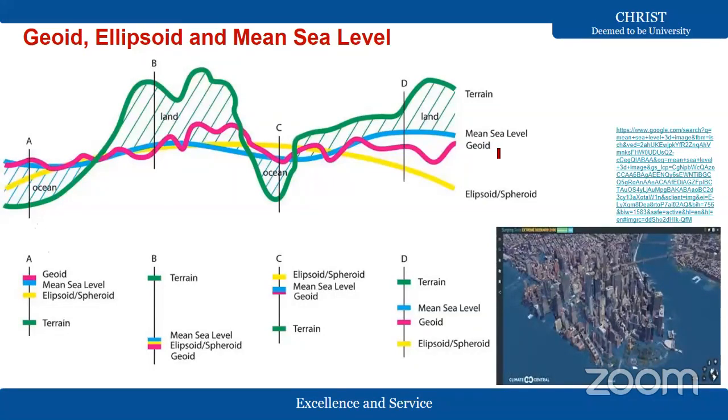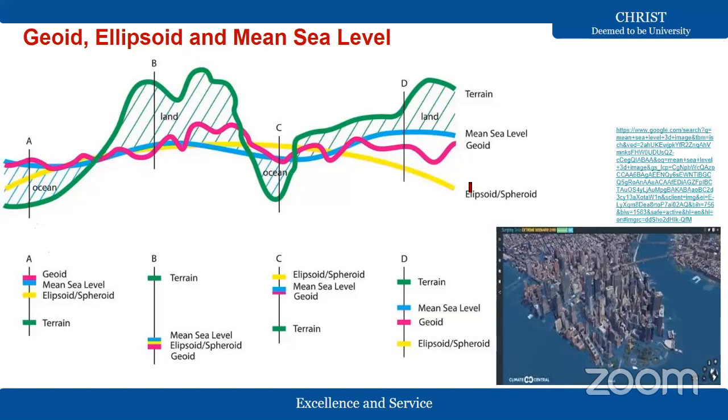Otherwise, government organizations won't accept your readings, whatever sophisticated instrument you use, because the GPS will give you the elevation values from the ellipsoid to the natural terrain. This, from the green line to the yellow line, is what the GPS will give. But what we need is from the mean sea level, the blue line to the green line. Or the geoid, which is an approximate mathematical representation.